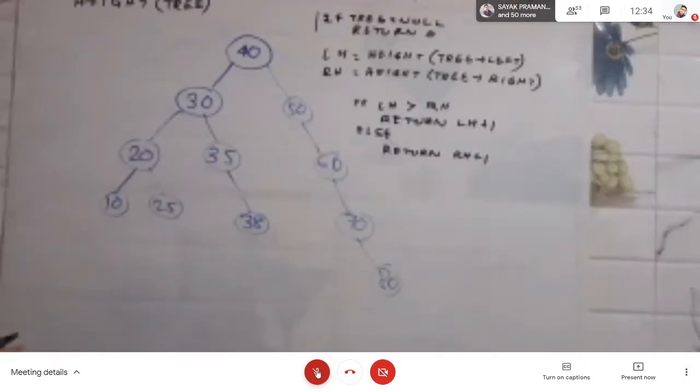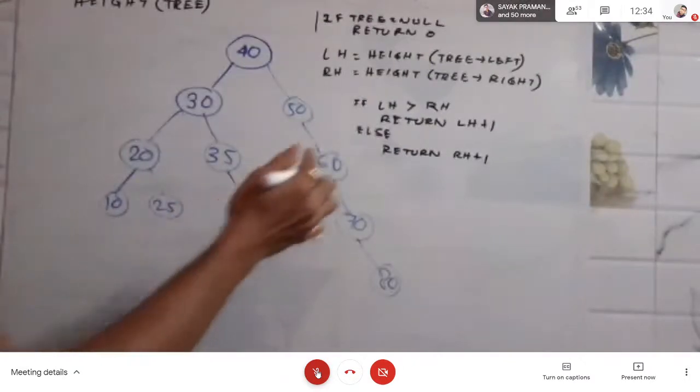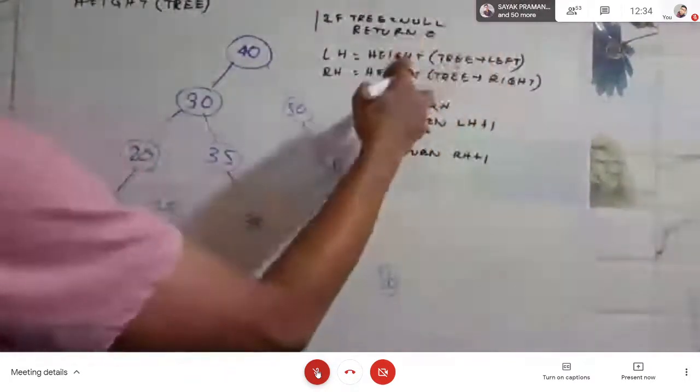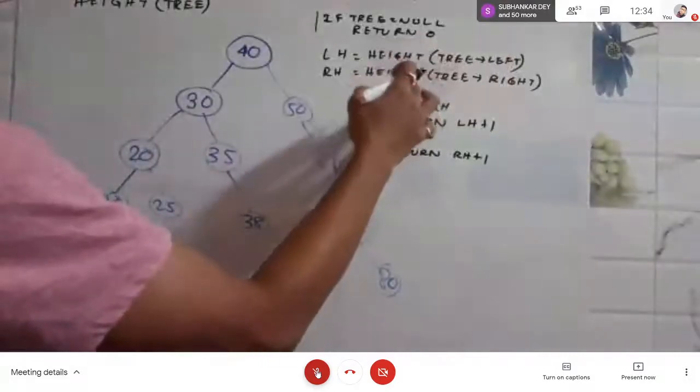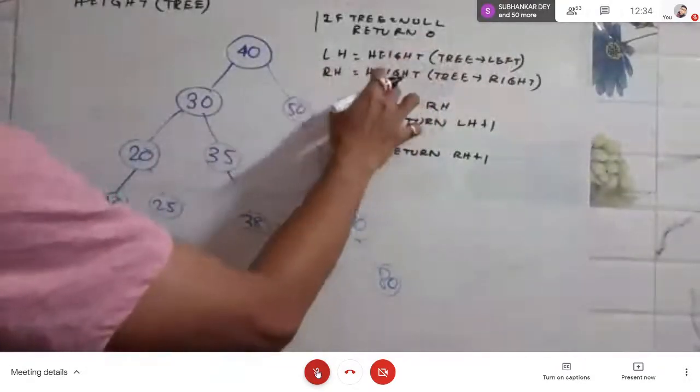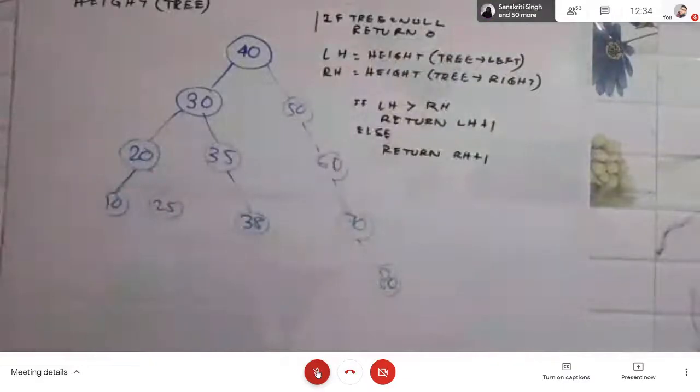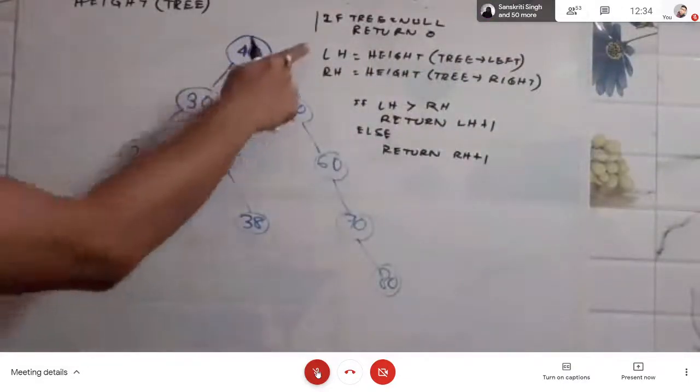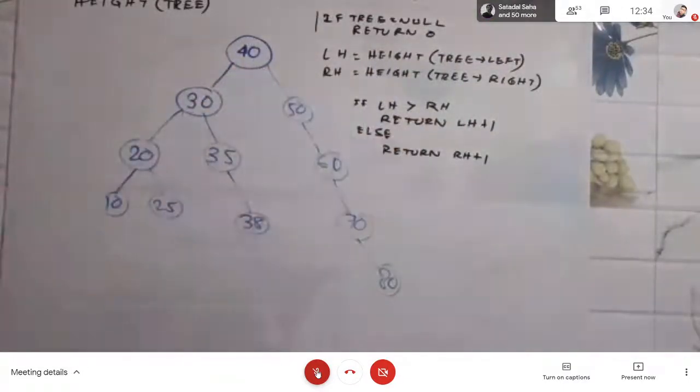Otherwise, that means if tree is not null, we are calling the function height with the left child or the left subtree, and also we are calling the right child with the right subtree. And after returning from this LH and RH, we are comparing which one is greater. Either left child is greater, in that case we are returning left height plus 1, or right height is greater, in that case we are returning right height plus 1.